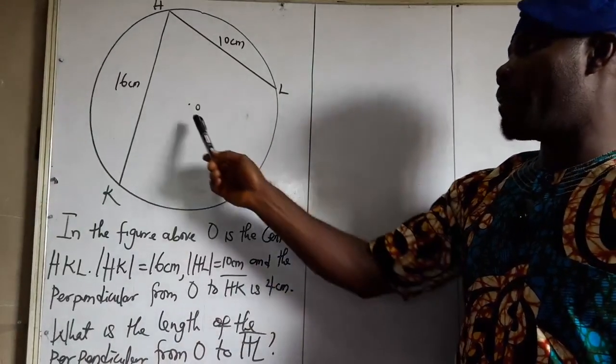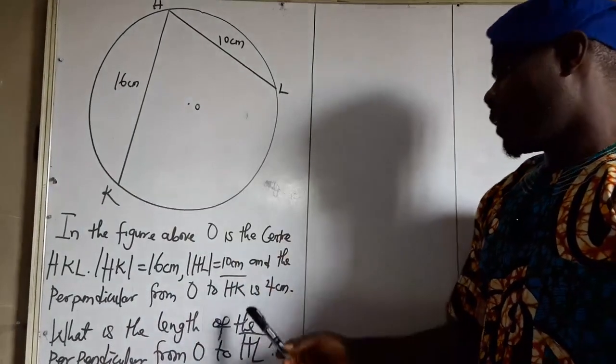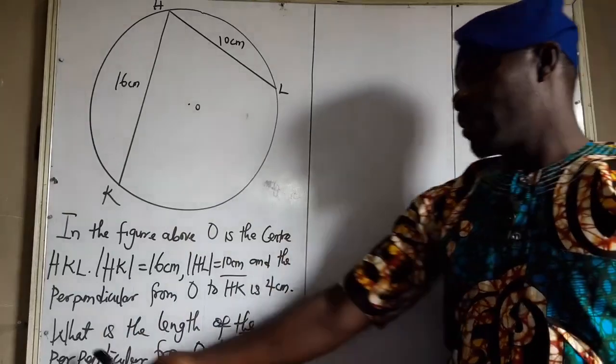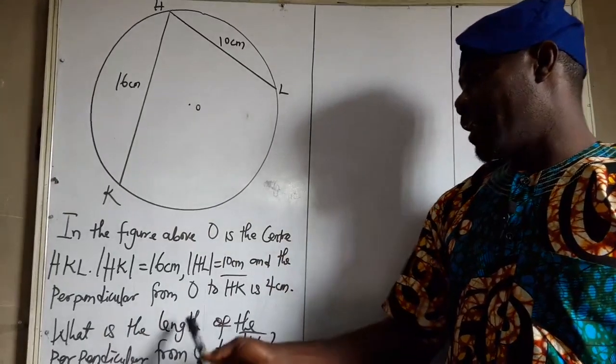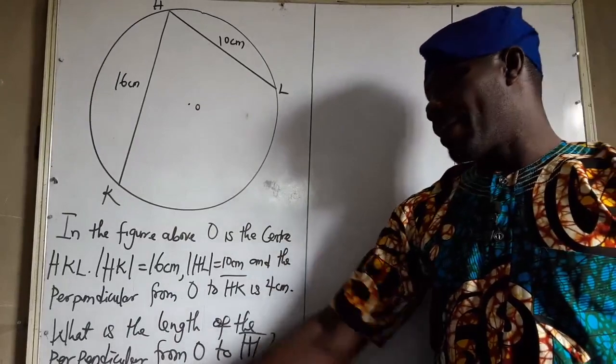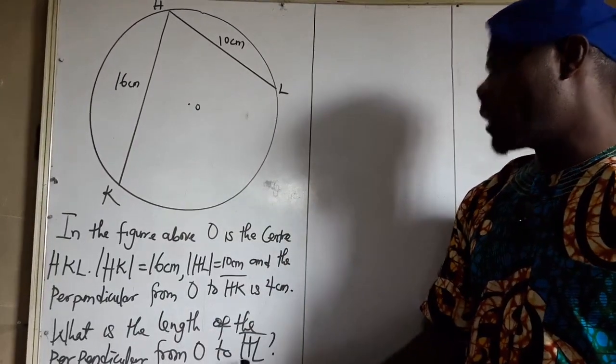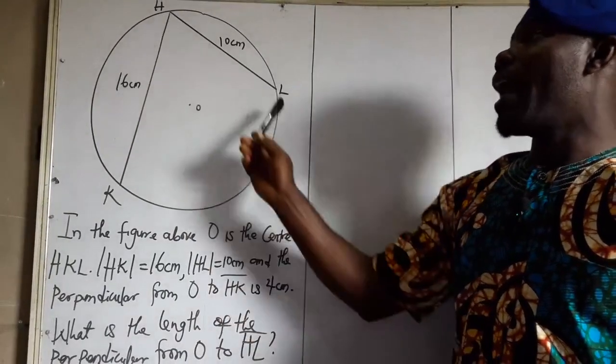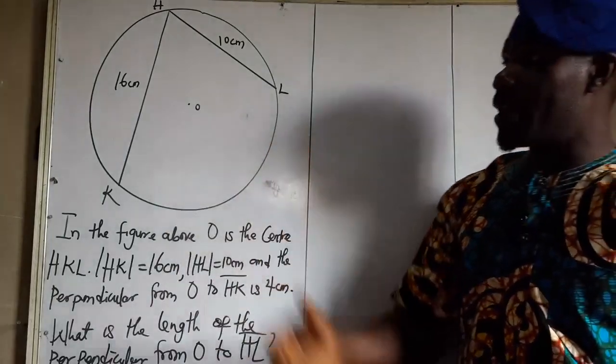The perpendicular from O to HK is 4 centimeters. What is the length of the perpendicular from O to HL? So this is the question.